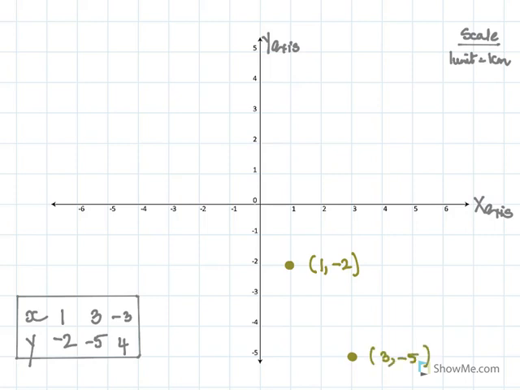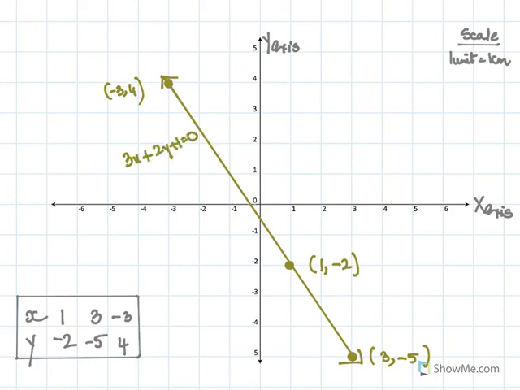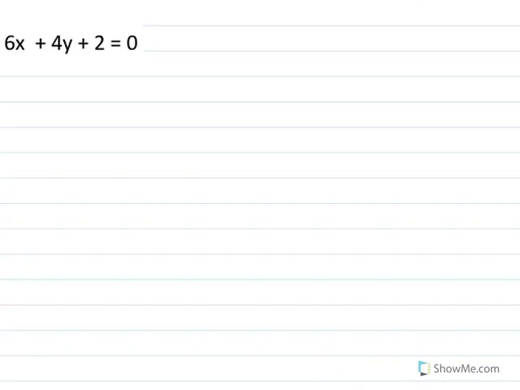So x3, y minus 5. And minus 3, 4 would be a point here. So this is minus 3, 4. Now we go ahead and join this. This is the line of the equation, and that equation is 3x plus 2y plus 1 equal to 0.